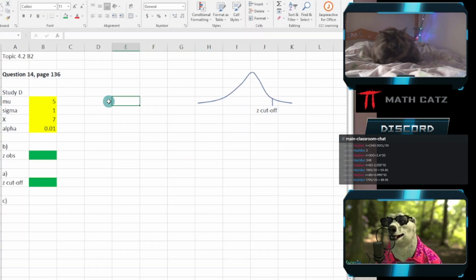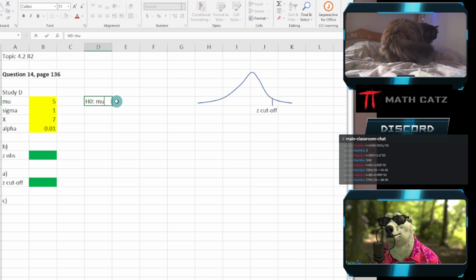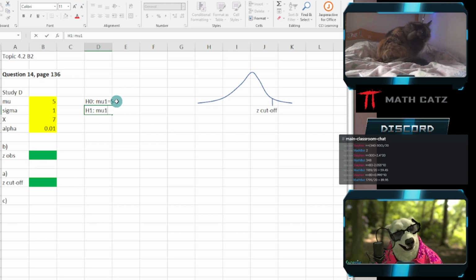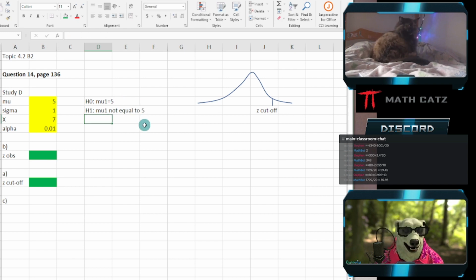So our null hypothesis again is mu1, the population that we're investigating, is in fact 5, versus it is not equal to 5. Let's just write it like that.